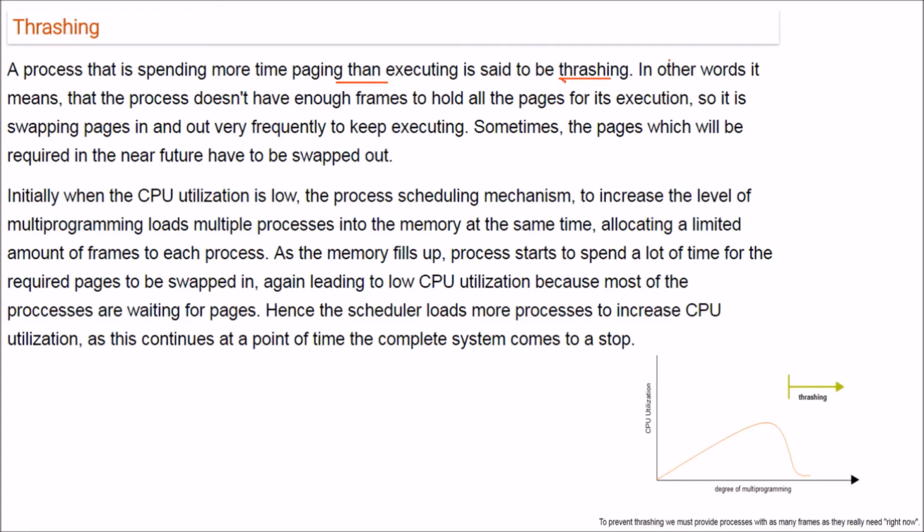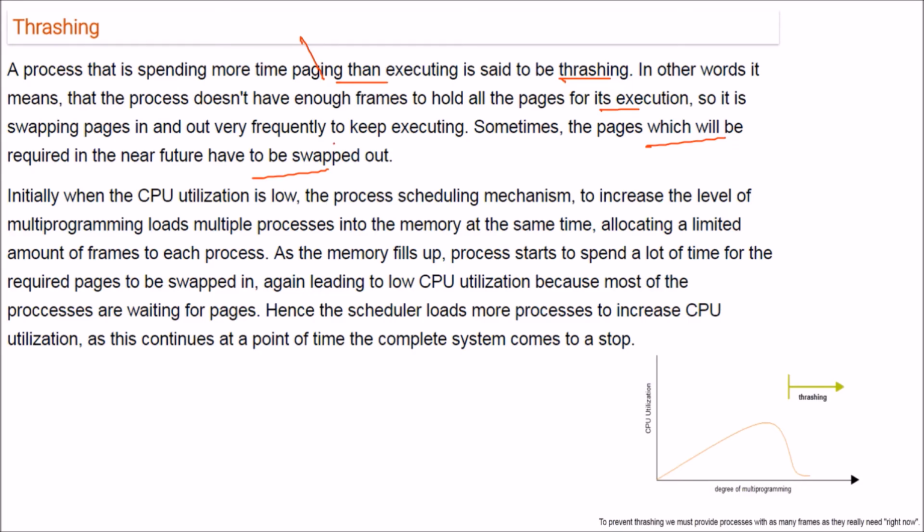Then we have something called thrashing. A process that is spending more time in paging than executing is said to be thrashing. Paging is very good, it gives you a very good virtual memory, demand paging, etc. But if the process is spending more time in paging rather than executing itself, this is called thrashing.